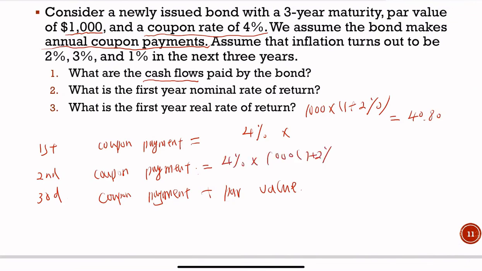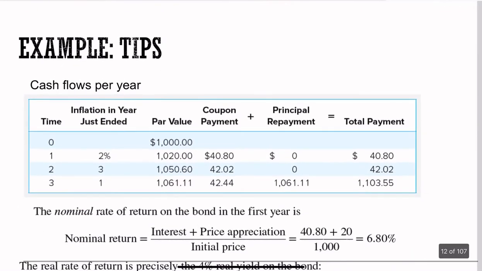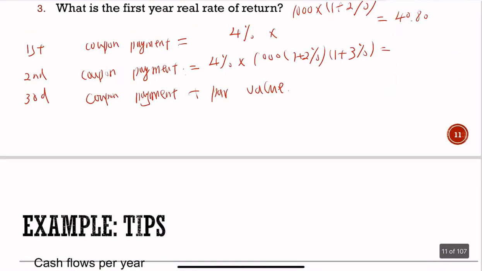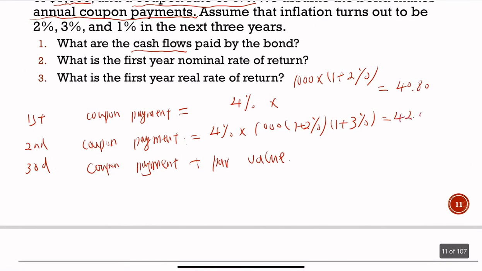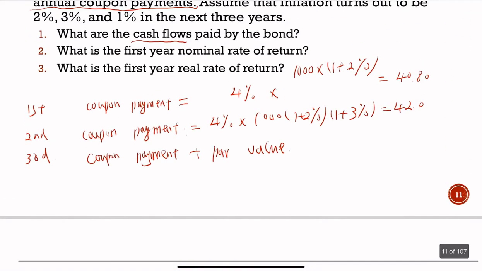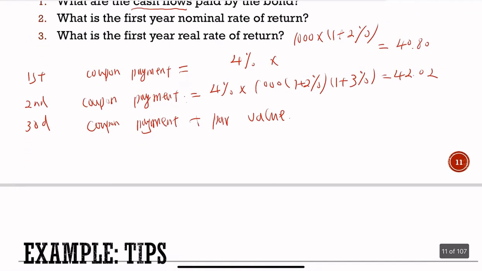Now we have to make a further adjustment because we know that in the second year, the inflation rate is 3%. So we times 1 plus 3%. Now this gives us 42.02. Now for the third year, we have 2 streams of cash flows.